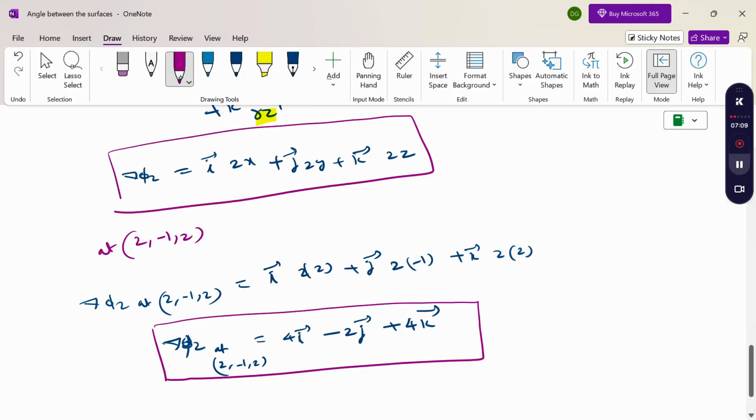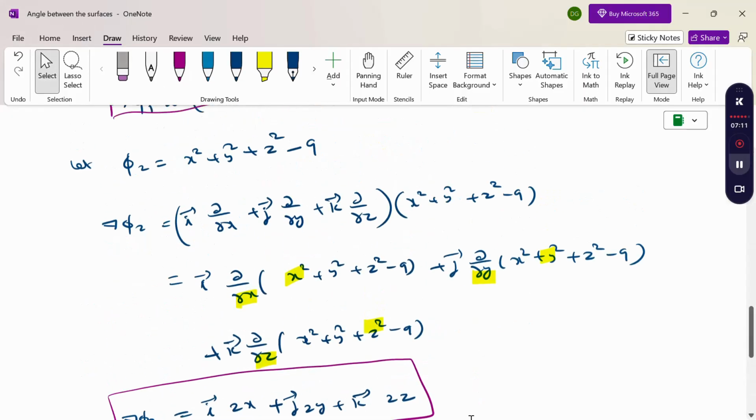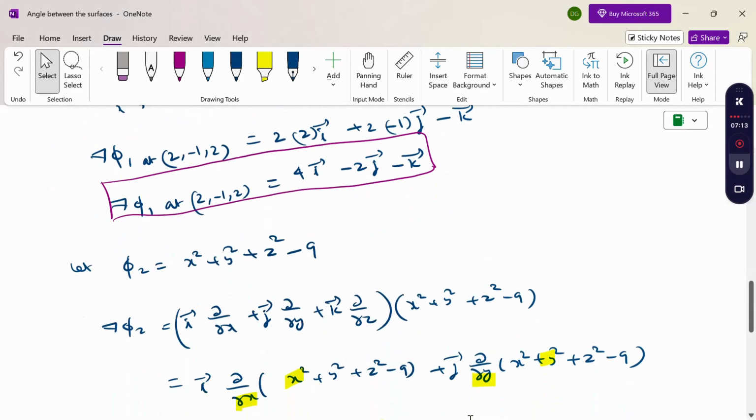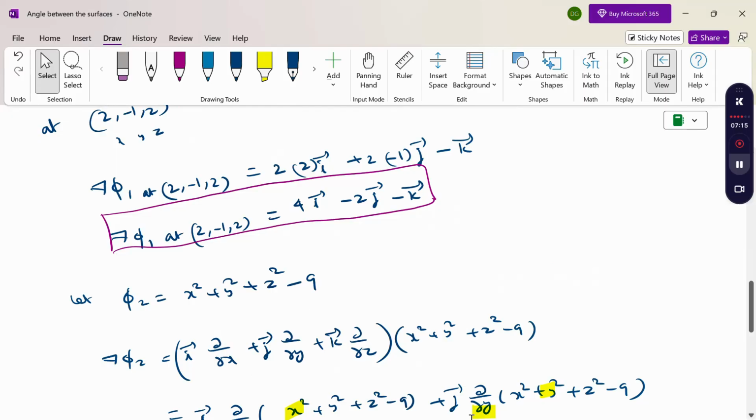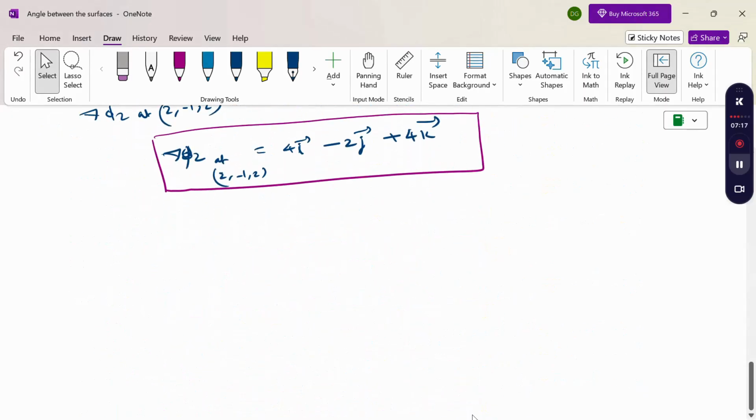Now to find the modulus of del phi 1 and del phi 2. Del phi 1 equals 4i vector minus 2j vector minus k vector.